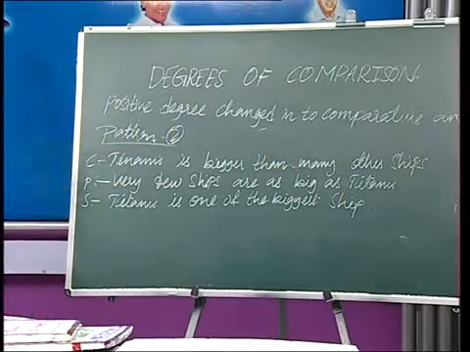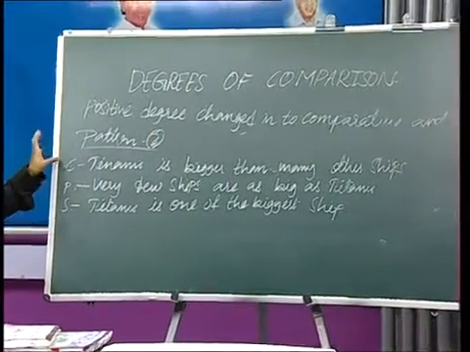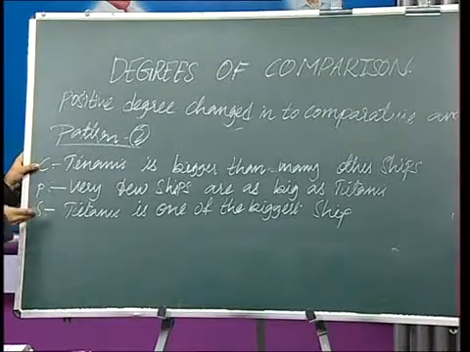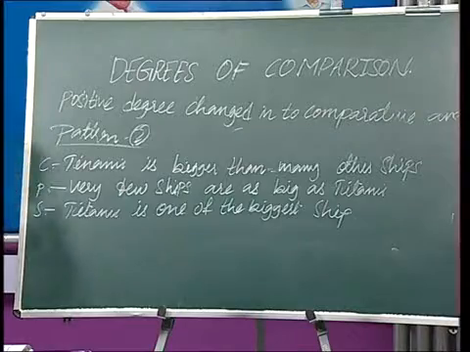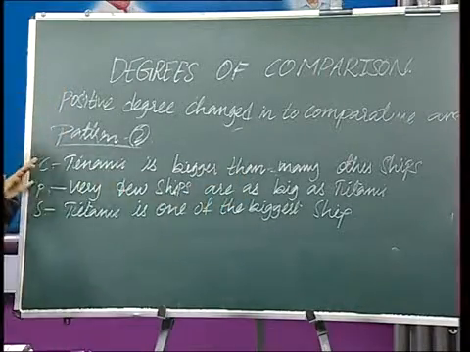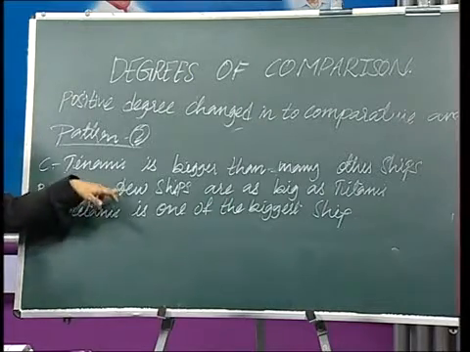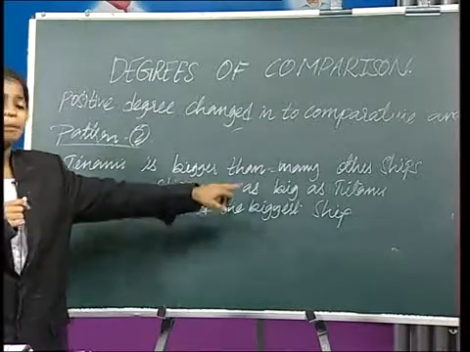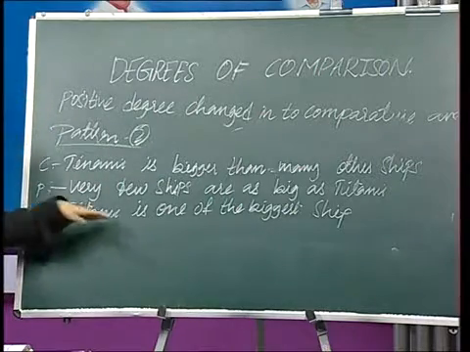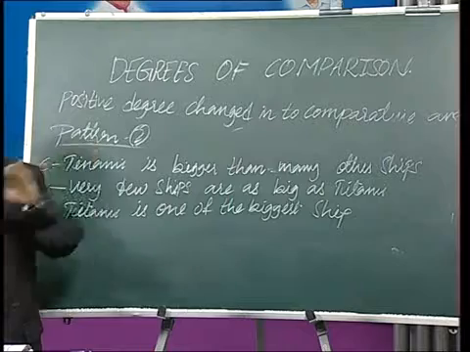Friends, let us see the pattern of this, how the comparative is changed into positive and superlative. In comparative, Titanic is bigger than many other ships, and in positive form, very few ships are as big as Titanic, and in superlative form, Titanic is one of the biggest ship.